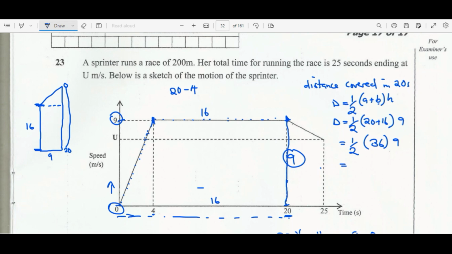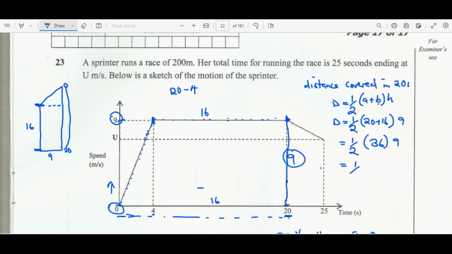And then now when you look at this, you try by all means to simplify, because this is maths paper 1. So if you want, you can multiply 36 by 9. It will give us something like 324. So it will give us 324.